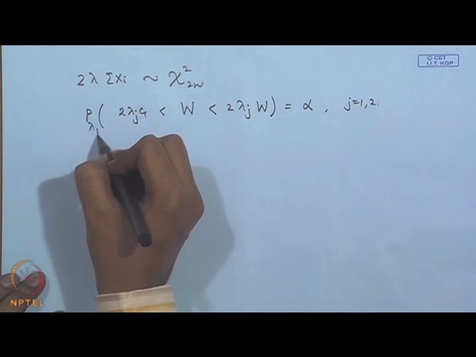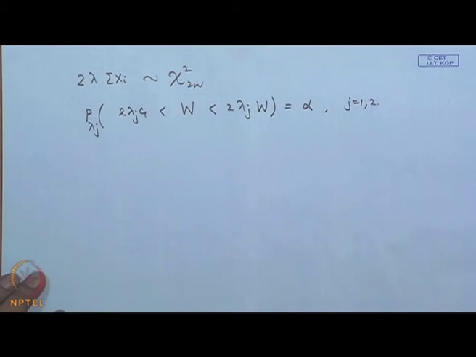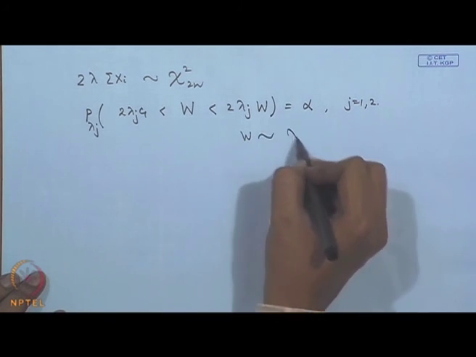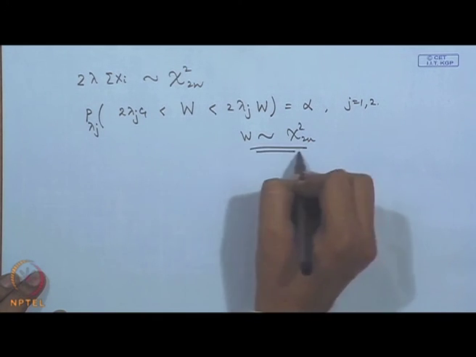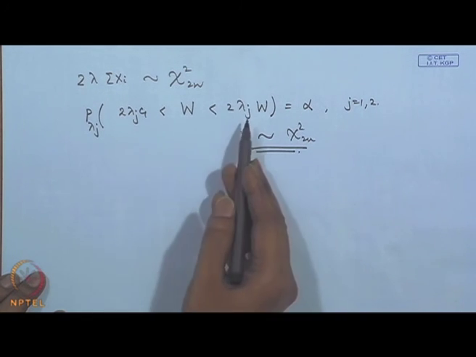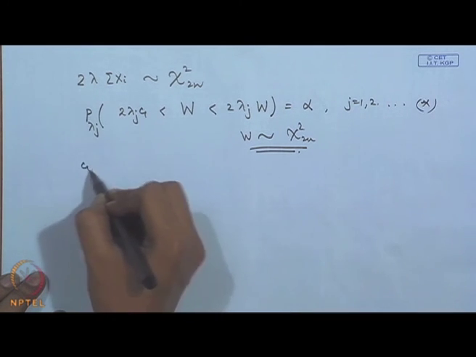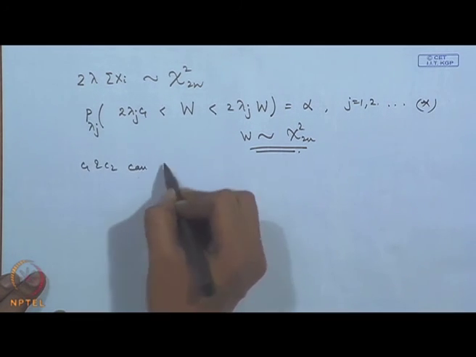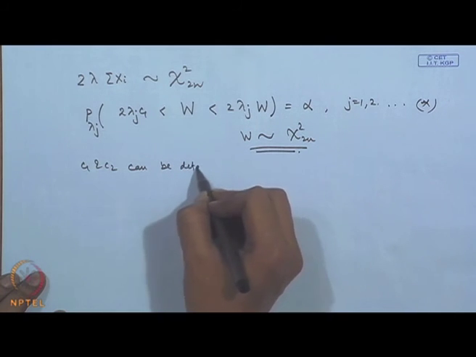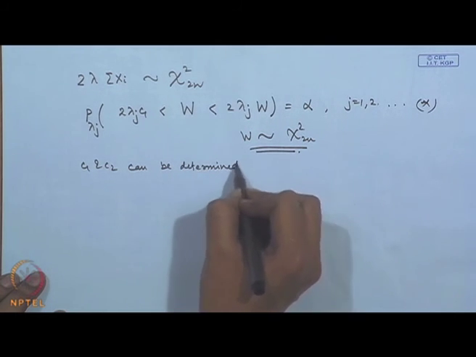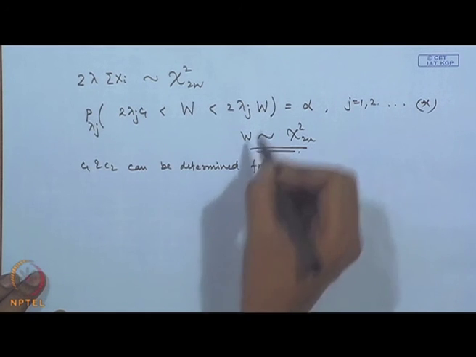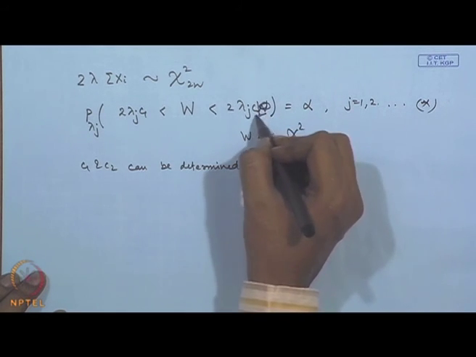This is when lambda_j is true, where W follows chi square 2n. So, let me call this equations star.